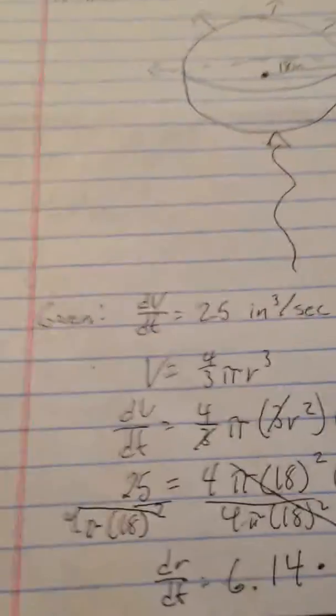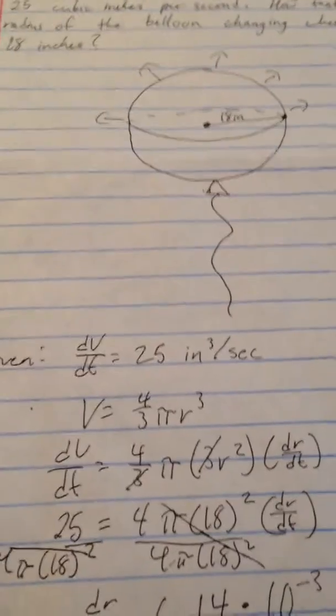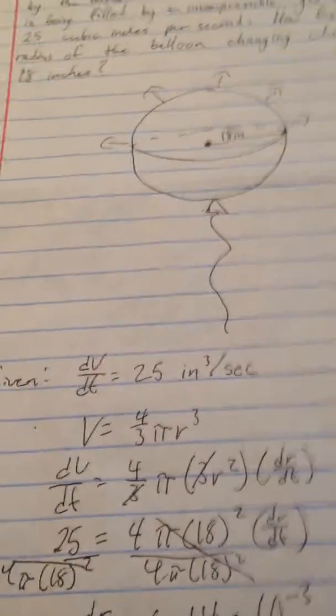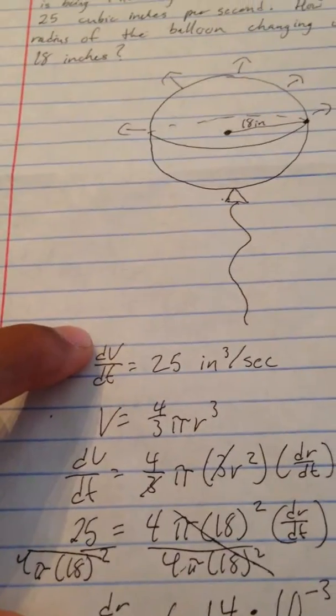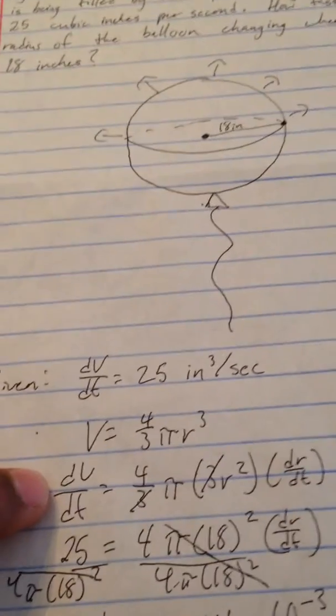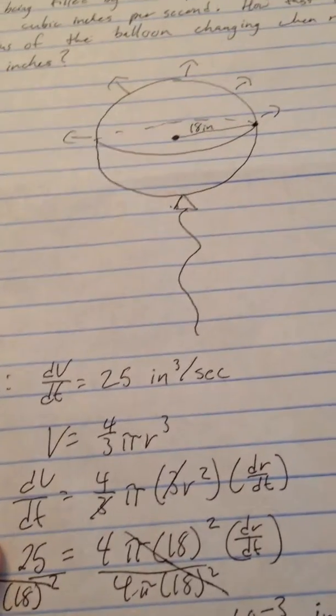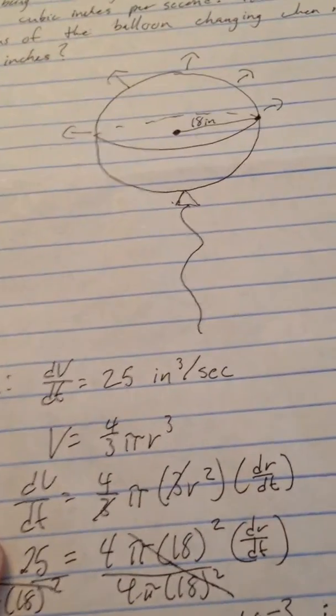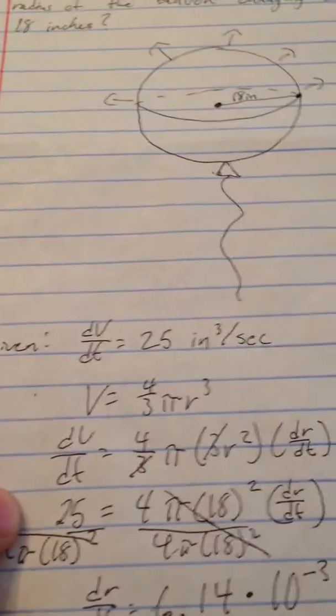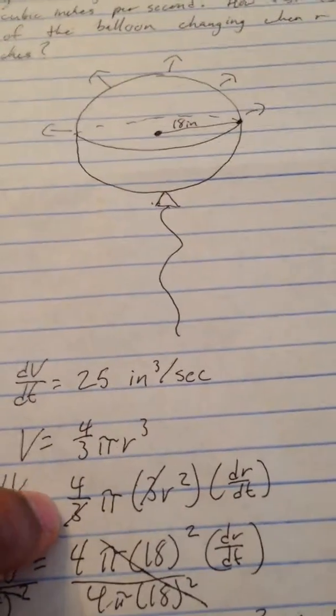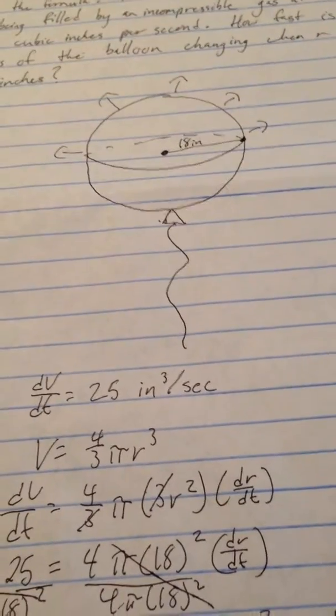Now back to the problem here. We have everything set up, and all that's left is to plug in the values. We know that the derivative of volume with respect to time is 25, so I just placed that number in right here. The units are not that important right now, we'll get back to that at the end. So here's the 25, and on the right, the 4/3 and the 3 are in the denominator and numerator, so they cancel out.